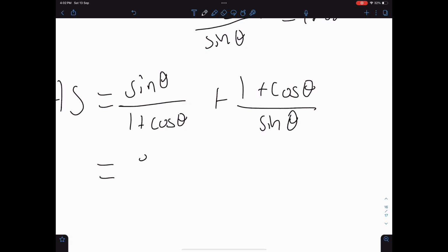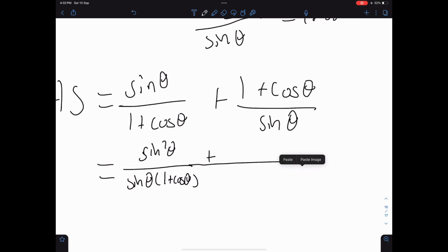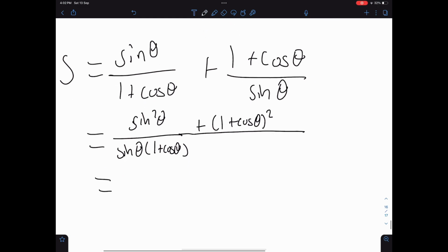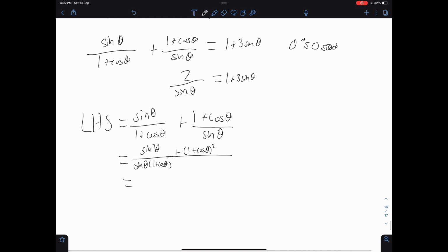This would be sine squared theta over sine theta plus cos theta. And we're adding 1 plus cos theta squared onto that, I believe. Yep. And so we're trying to get it into sine, actually.